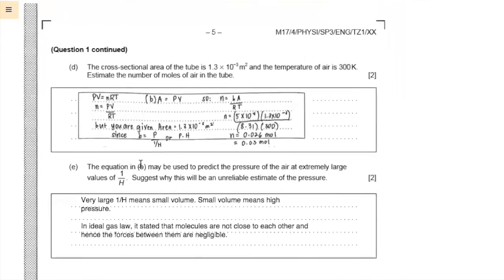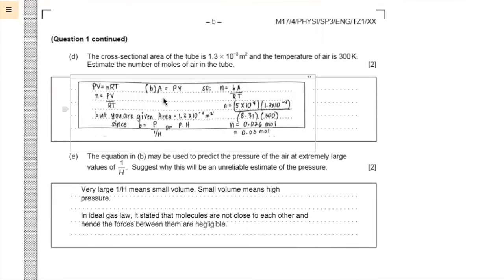Next, last two questions. The cross-sectional area of the tube is 1.3 times 10 to the negative 3 square meters, and the temperature of air is 300 Kelvin. Determine the number of moles of air in the tube.